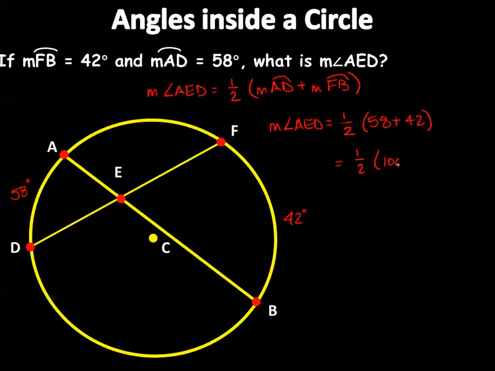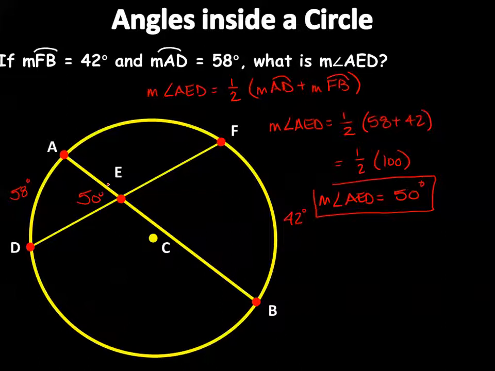Those two numbers added together give me 100. So the measure of angle AED is going to equal half of 100, which is 50 degrees. So that means this one here is 50 degrees. And if they wanted you to solve the other two angles, remember a straight line is 180 degrees. So these guys would be 130 degrees.